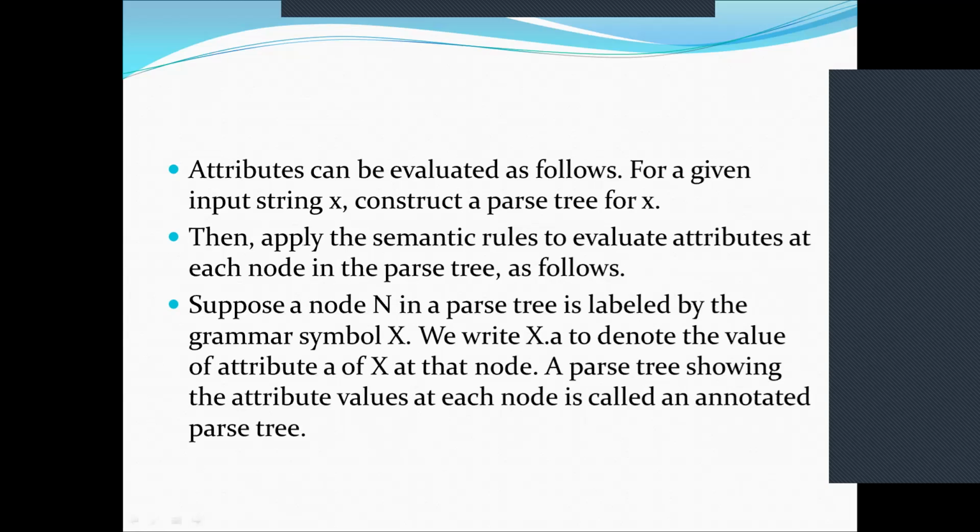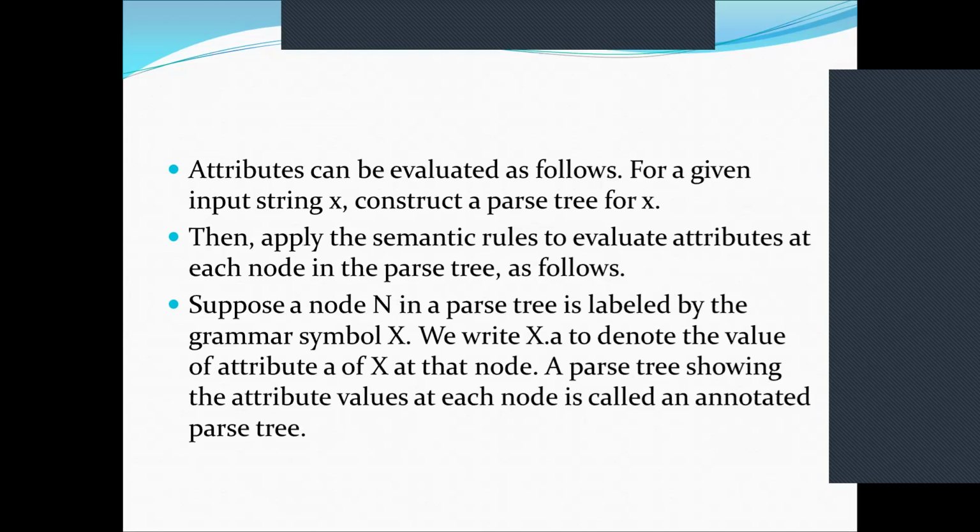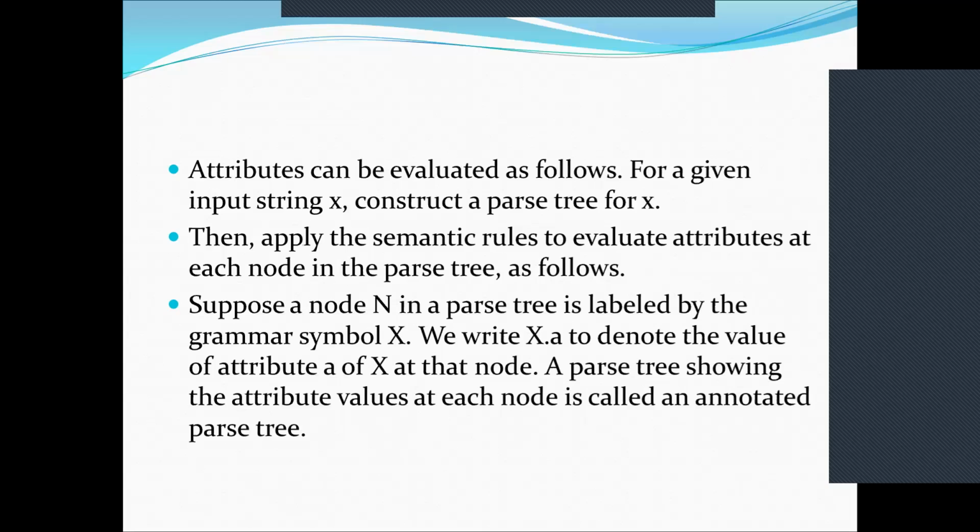Now, a parse tree showing the attribute values at each node is called an annotated parse tree. Till now, what we studied is a simple parse tree which contains all the symbols, the terminals, the non-terminals, the start symbol, and the tokens, everything.